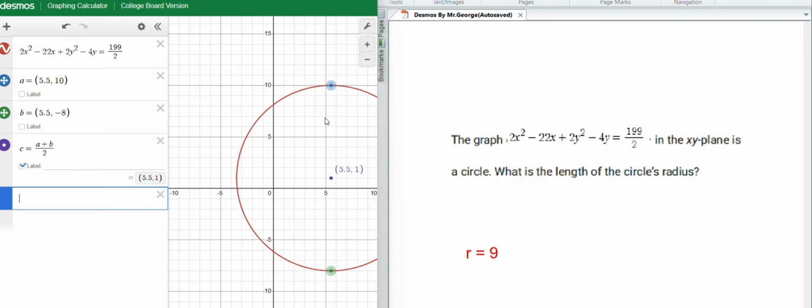Some students will get the distance between A and B and divide by 2 because the radius is half of the diameter. That's fine, but I will go with the distance between A and C. And now we get the radius is 9, as you see, and that's your correct answer.